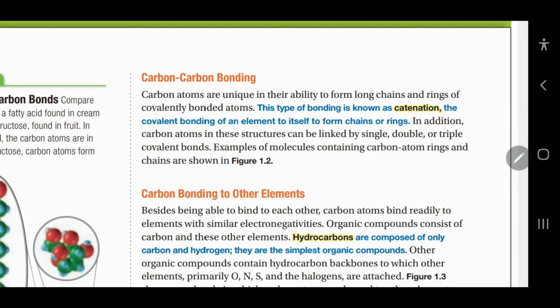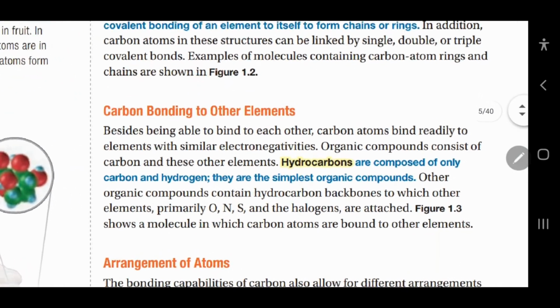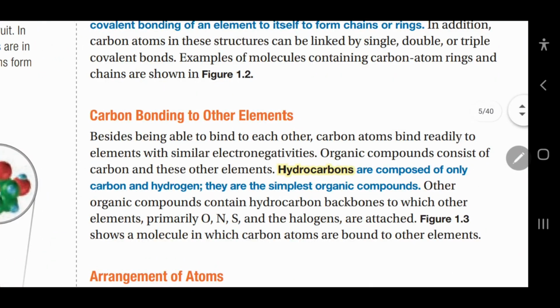Now, when carbon bonds to other elements, it will form compounds named hydrocarbons. So the hydrocarbons are composed of only carbon and hydrogen. They are the simplest organic compounds, made of only carbon with hydrogen, no other elements.